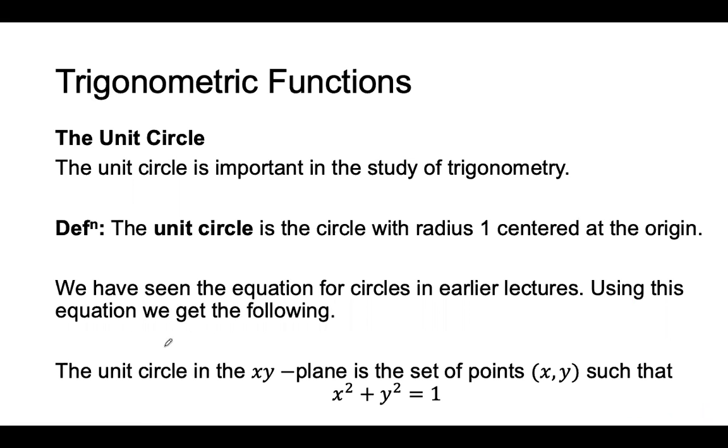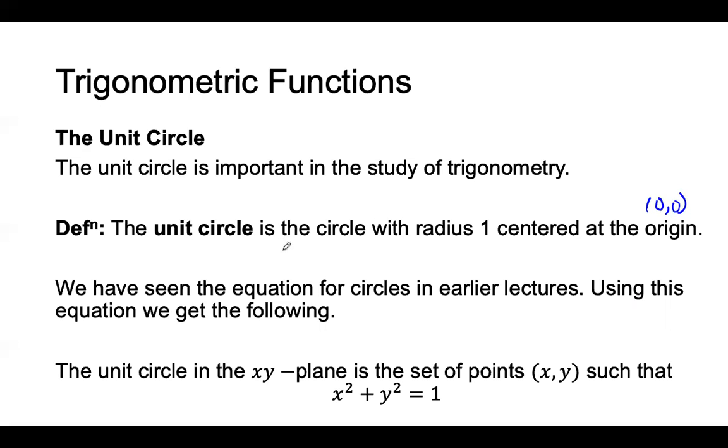So the unit circle. The unit circle is essentially central in the study of trigonometry. We've done this before, this isn't anything new. We have the origin at 0, 0.